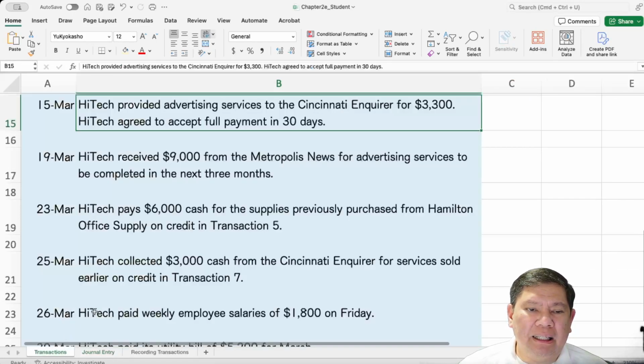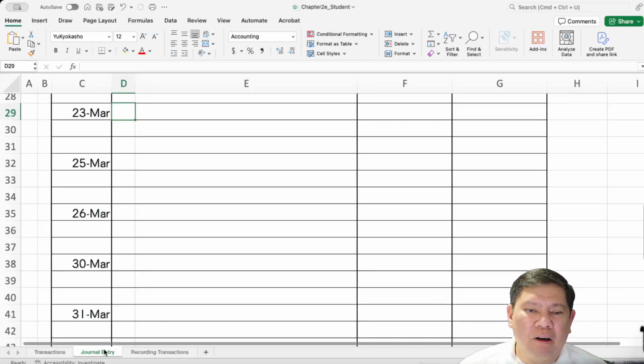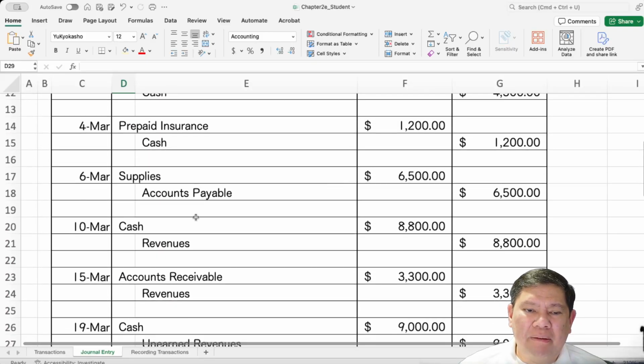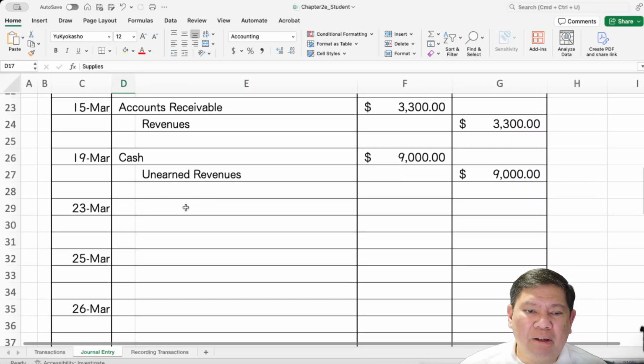March 23rd, pays $6,000 cash for the supplies previously purchased from Hamilton office. So now, let's see here. We have accounts payable here from purchasing supplies. We're paying $6,000.